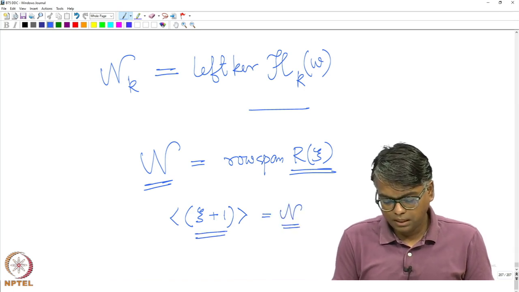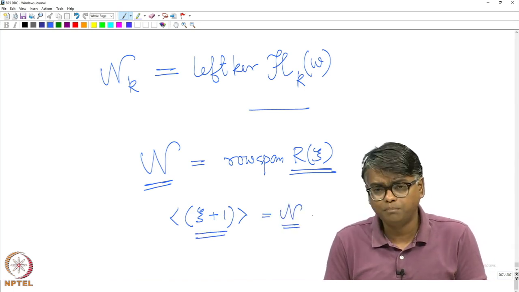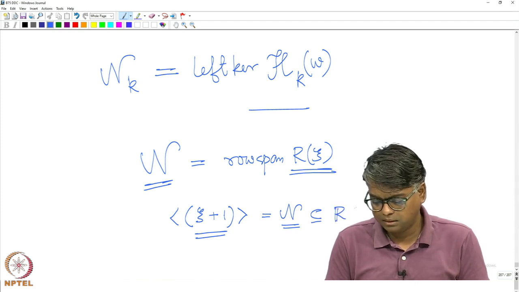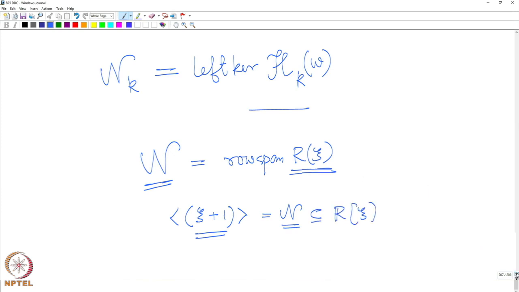Now, this row span is a submodule of R(xi). In fact, it is what is known as an ideal. What is the largest degree element in this ideal? There is no bound on that, it can be anything.